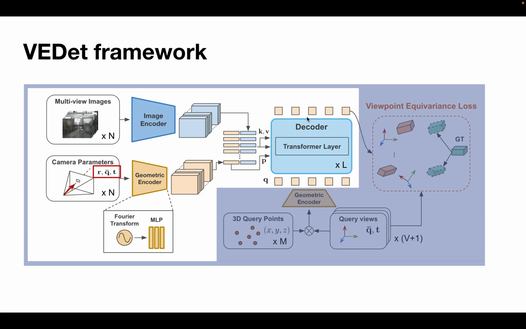And then we use a geometric encoder to map the ray, camera quaternion, and camera translation into a 256-dimensional vector as the positional encoding. The geometric encoder consists of a Fourier transform followed by an MLP. We found that this input-level inductive bias and geometric encoder greatly help the model to learn good localization.